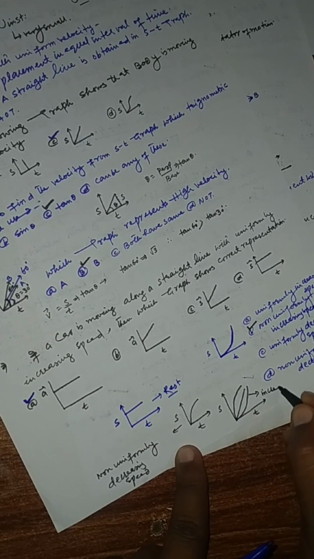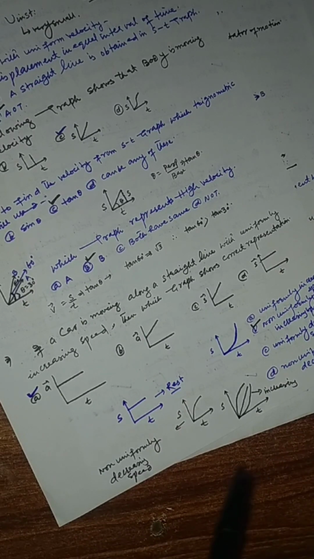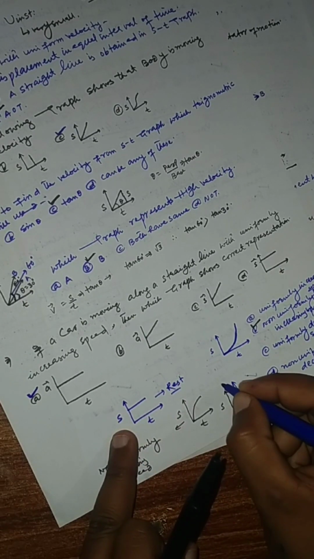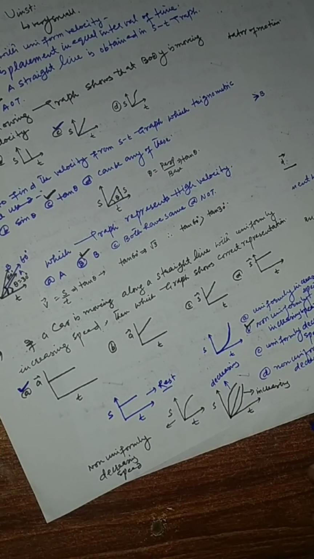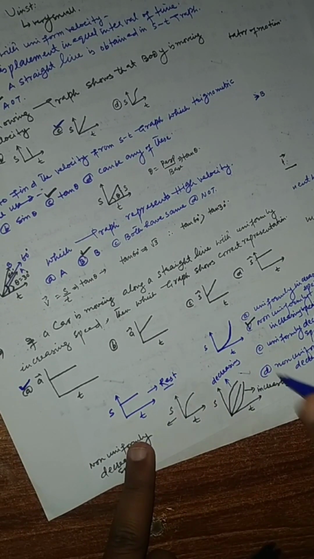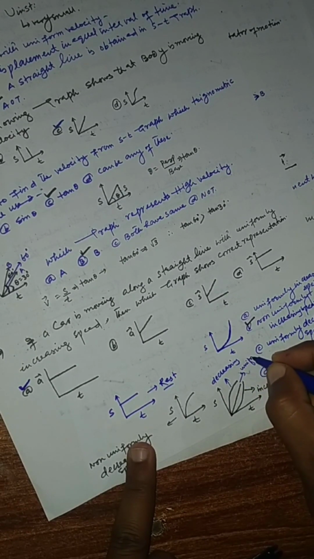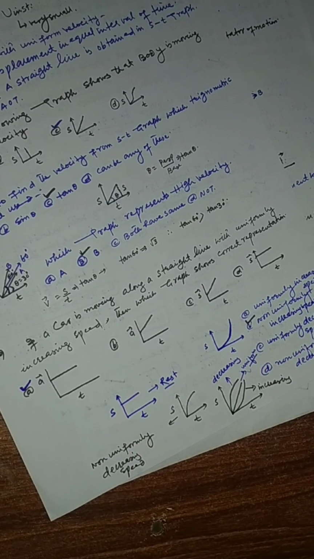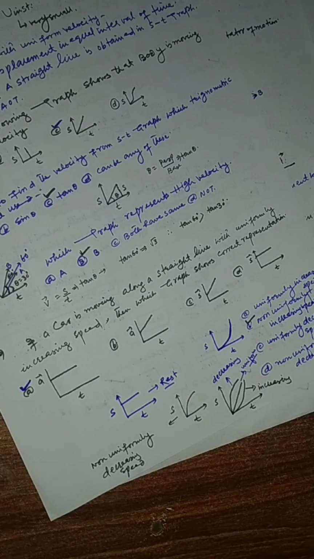This is the increasing speed, this will be decreasing, and this will be uniform speed, and during uniform motion acceleration always becomes 0.